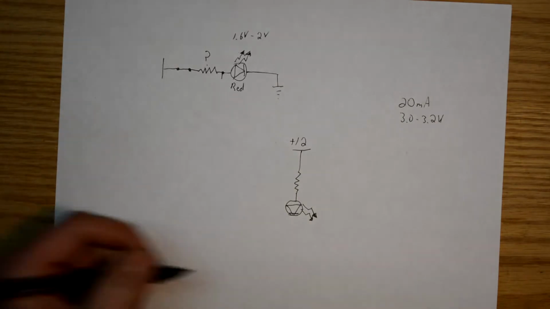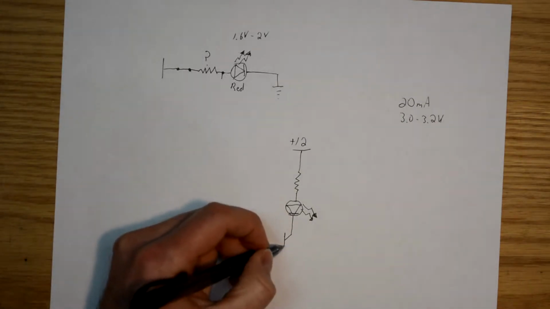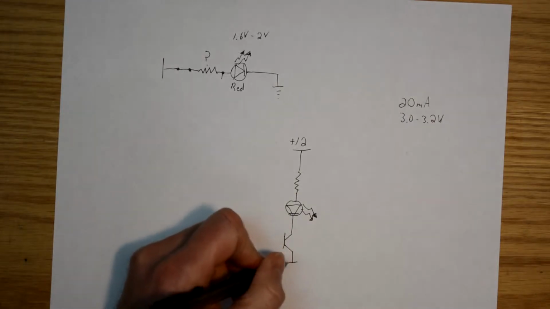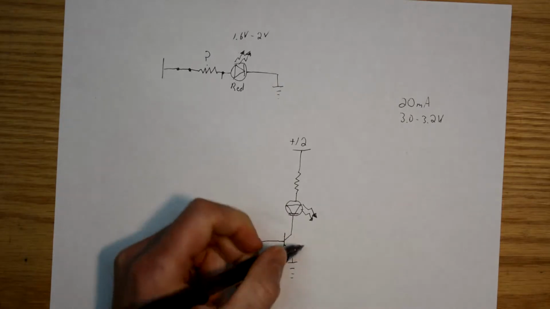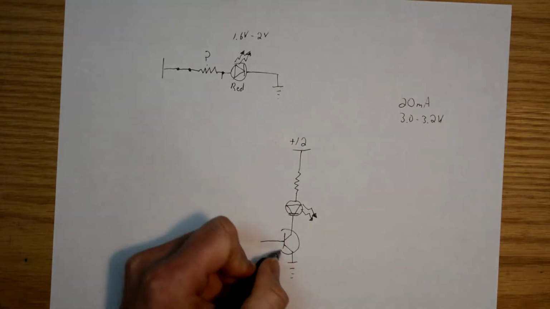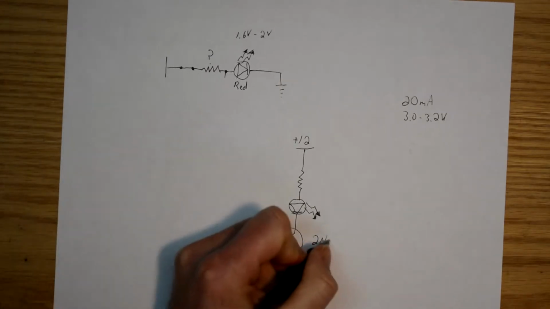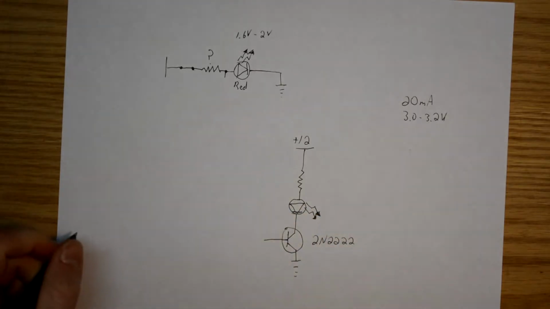Light emitting diode, and this is going to be going into some kind of transistor package. I chose for what I was doing a 2N222. He may choose some other NPN type transistor. 2N222, four 2s on there.